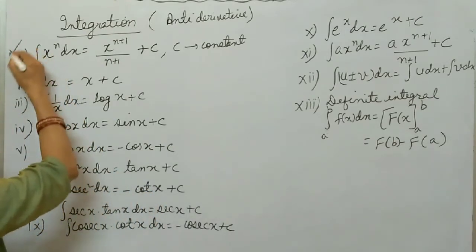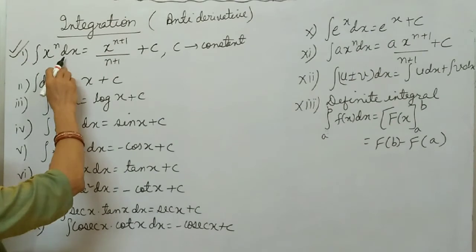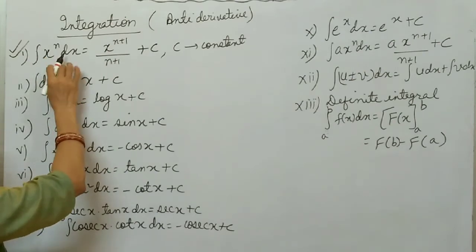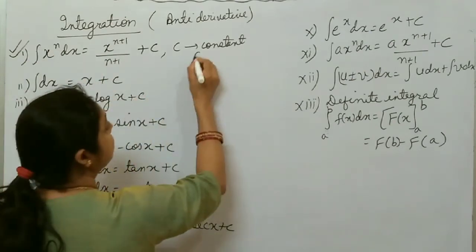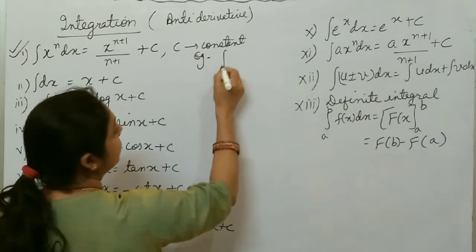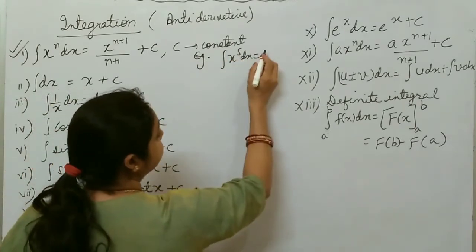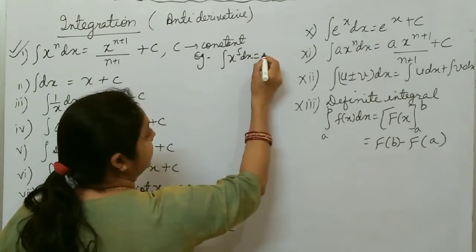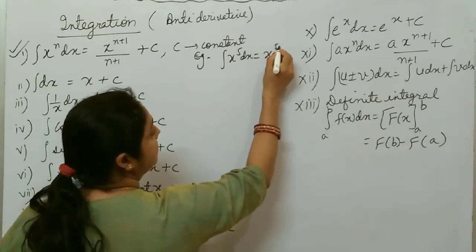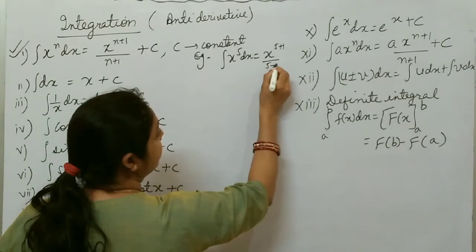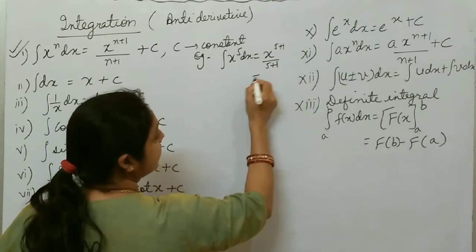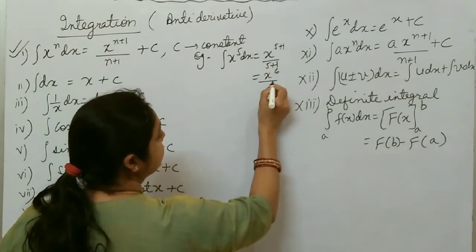This formula is very important for your class 11th and 12th. It is used at many places. For example, integration of x to the power 5 dx is x to the power 5 plus 1 by 5 plus 1, plus some constant, so x to the power 6 by 6.